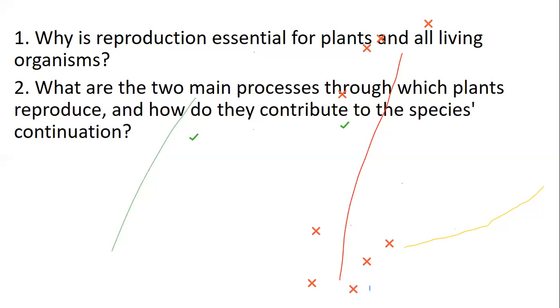Okay, thank you all for your contributions. So there are actually 2 kinds of reproduction. Like some of you have mentioned, one of them is asexual reproduction, and the other is sexual reproduction, okay? So when we say sexual and asexual, it means that one is the opposite of the other, okay?